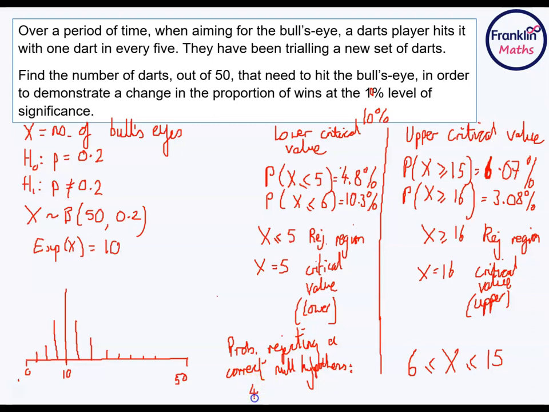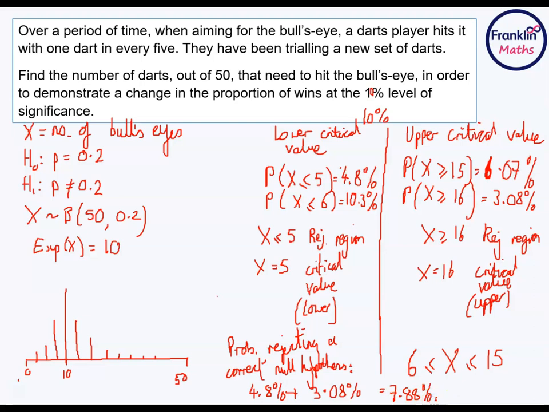So it's going to be 4.8% plus 3.08%, which is 7.88%. So that's the probability that we've rejected a correct null hypothesis. Now, as I said on that key point slide, it should be either lower or equal to the significance level of the test. Well, the significance level is 10%, and here it's 7.88%, so that's good.